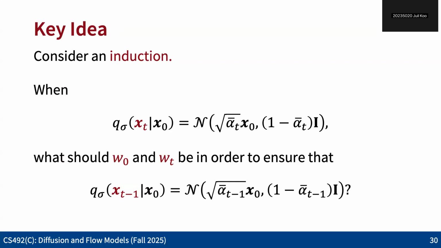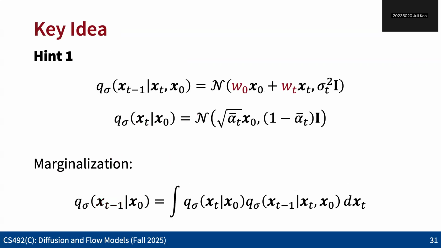So let's see how we can derive this distribution from the q of xt and the x0, for this distribution and also the other distribution that we are going to define. Given these two, this is what we are going to define, right? And let's say we already have this distribution.